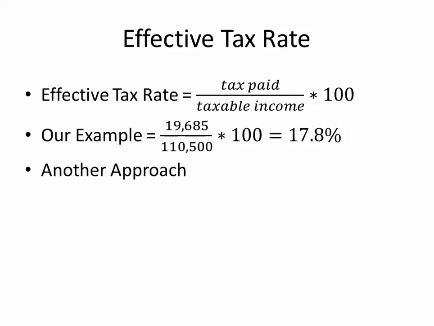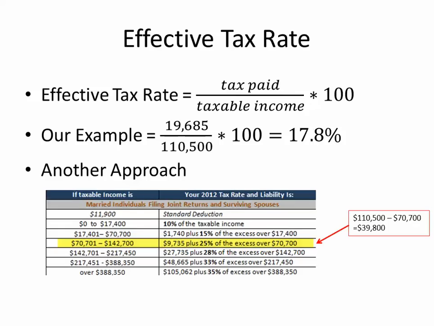Another approach that you can see online sometimes, and in some accounting books, is to look at the table. The tables are created a little bit differently. They try to simplify the work for you by having you find where you are in the taxable income. Remember, we had a taxable income of 110,500, so we were in the third row of the table.